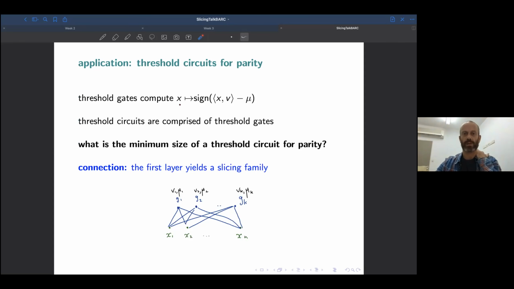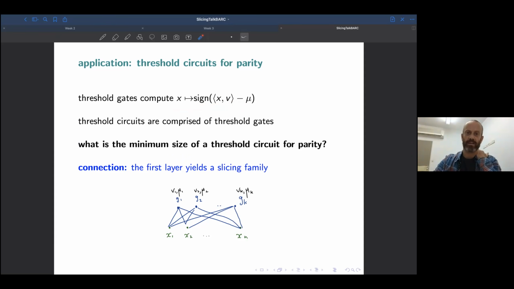A threshold gate is a unit that takes a Boolean X and outputs its position according to some hyperplane, whether it's on the positive side or the negative side of some hyperplane. When we use these gates in a sequential way, we get a circuit; these are called threshold circuits. They are comprised of such gates.